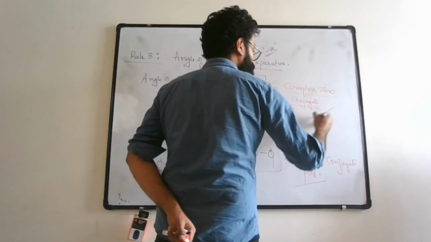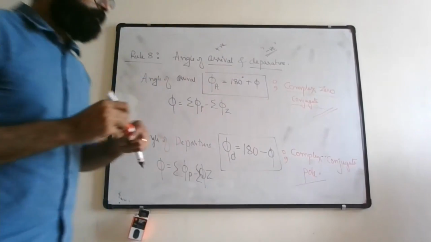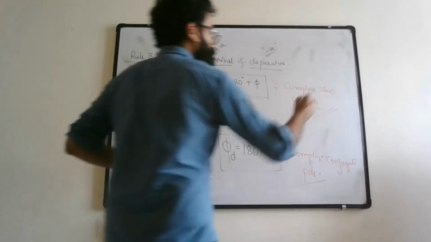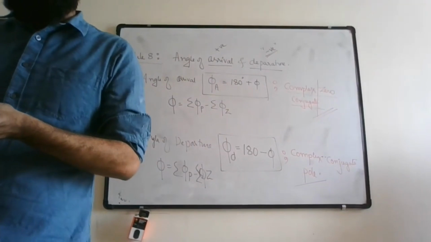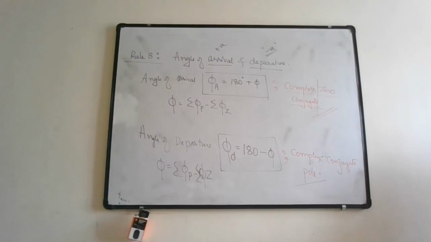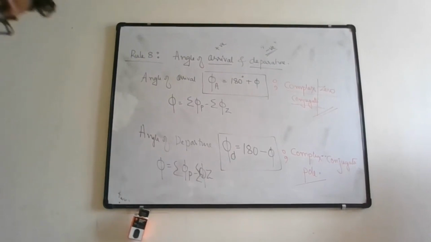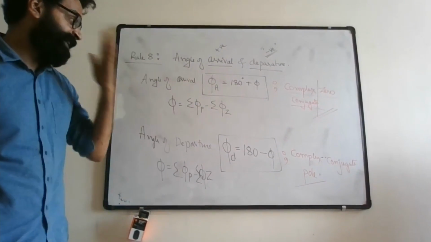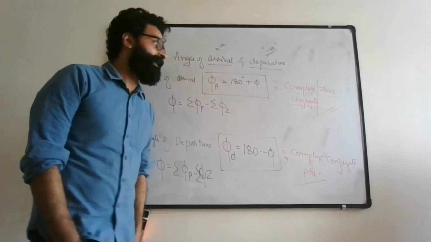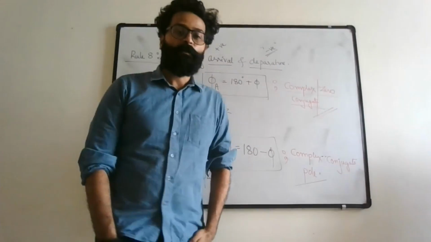One is applicable for complex conjugate zeros and one for complex conjugate poles. How to find phi p and phi z? I will discuss when I handle such problems.